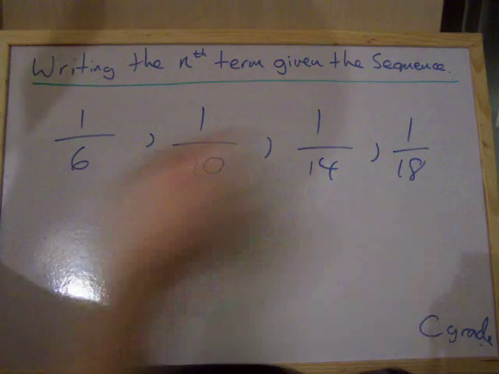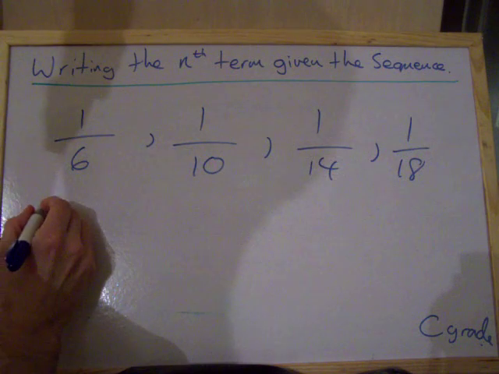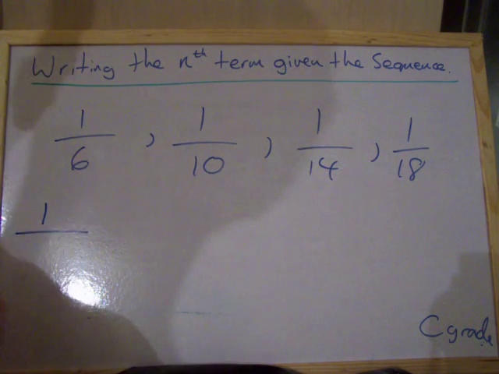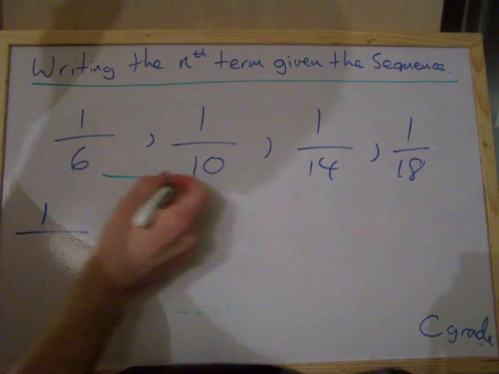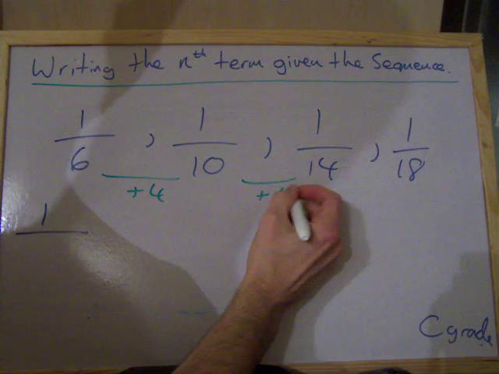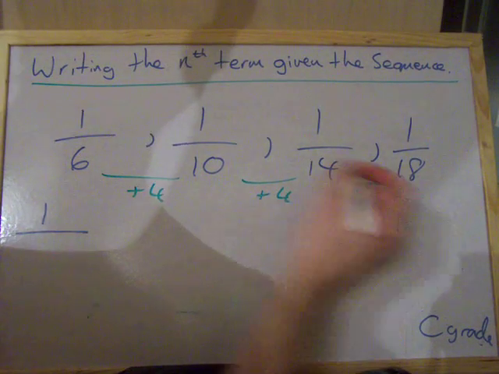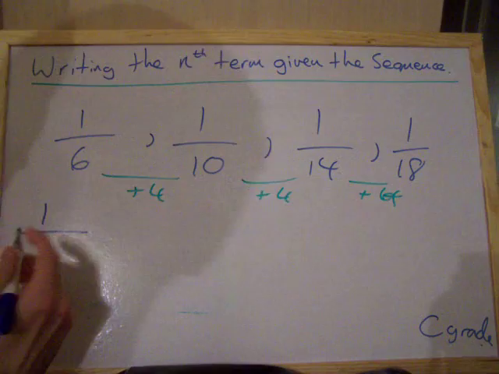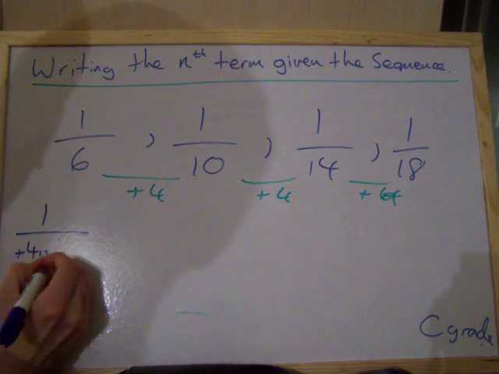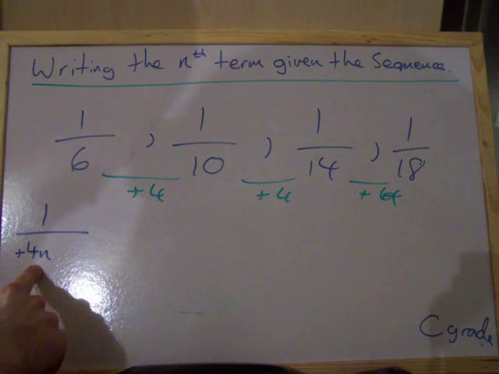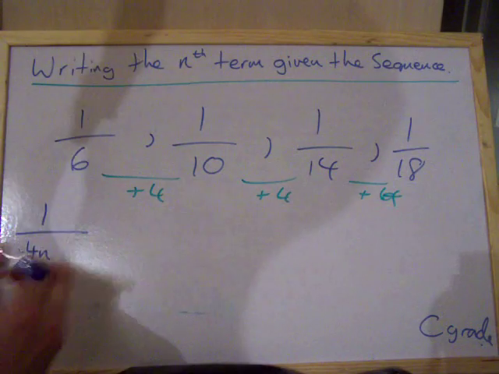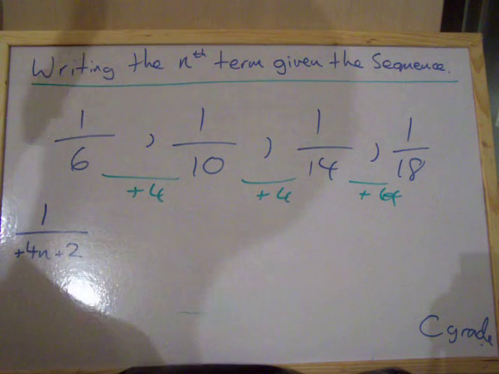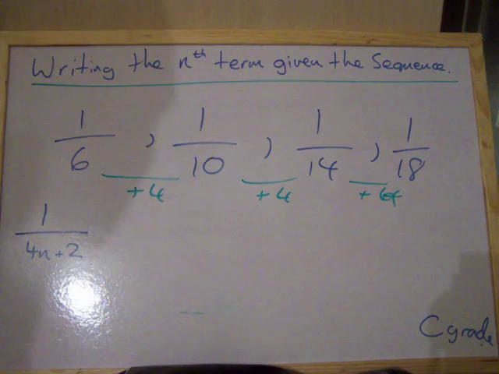There's 1s all the way across the top, so I know that my nth term has a 1 on the top of it. What's happening with these numbers here? I'm adding 4 each time. So that's going to be a plus 4n on the bottom. Plus 4n should start at 4, it doesn't, it starts at 6, so that's a plus 4n plus 2, and that should give me what I need.